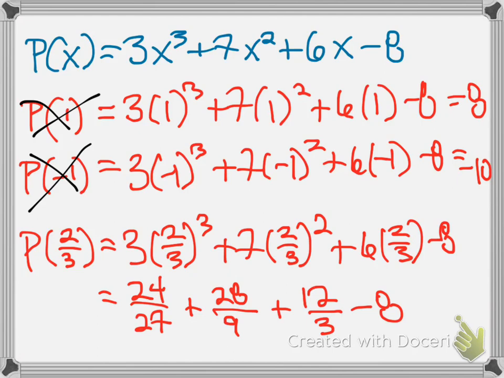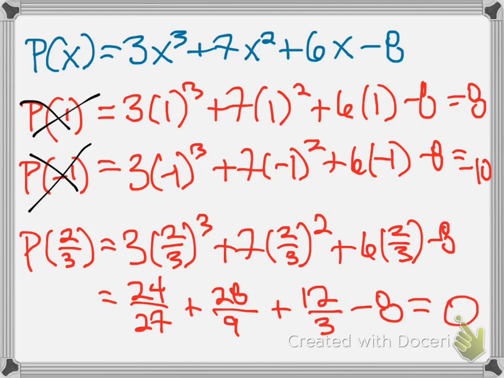And if we, oh, I am way out of room. Excuse me. If you add all 3 of those fractions together, it does turn out to be positive 8, and then when you subtract 8, you do get 0.